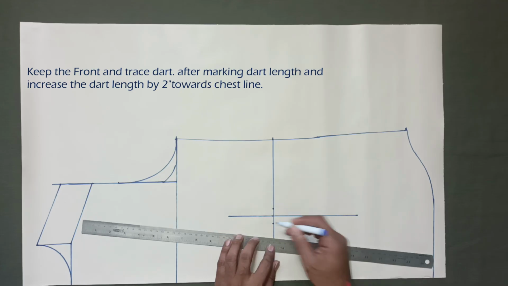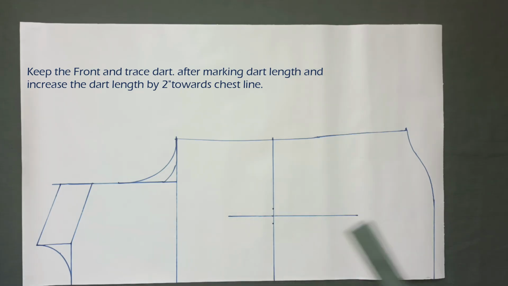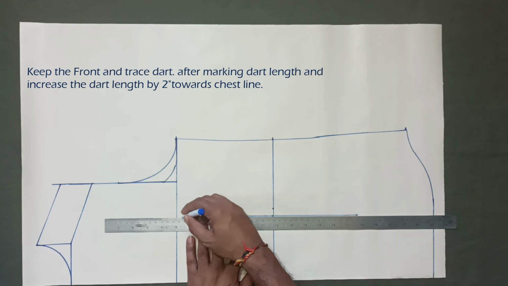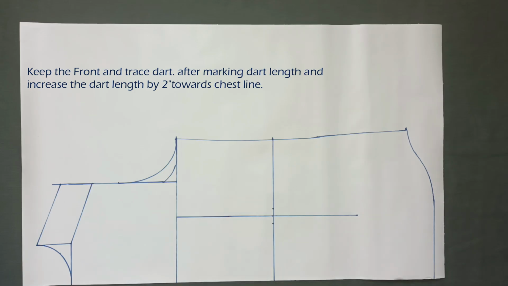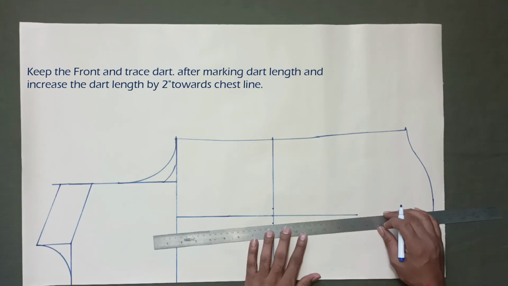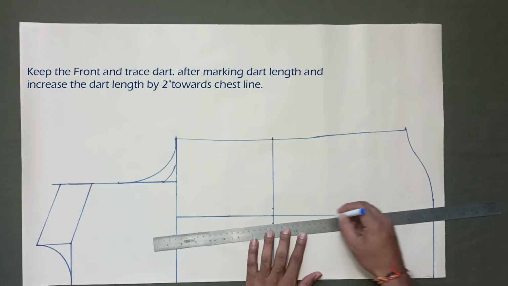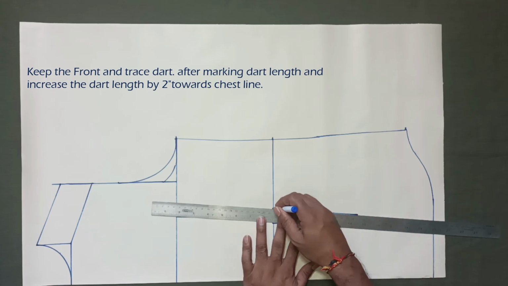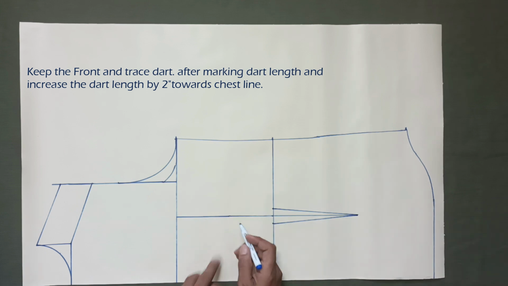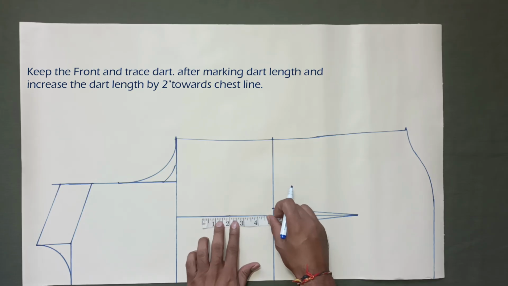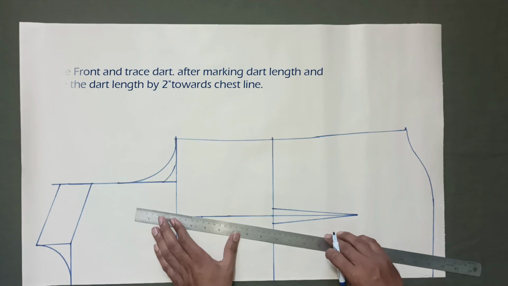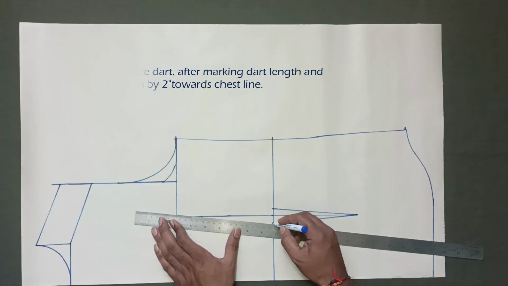See the dart points, and extend this line further to the chest line, and now join these dart lines. From the front dart point, extend 2 inches up and complete the dart.